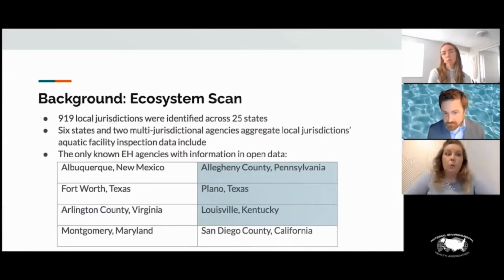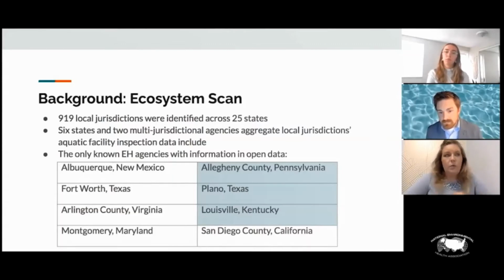There were well over 900 that we looked at or tried to find information on, but we found 919 instances of jurisdictions with publicly accessible aquatic facility inspection information, which is interesting because there's over 3,000 environmental health jurisdictions across the United States.